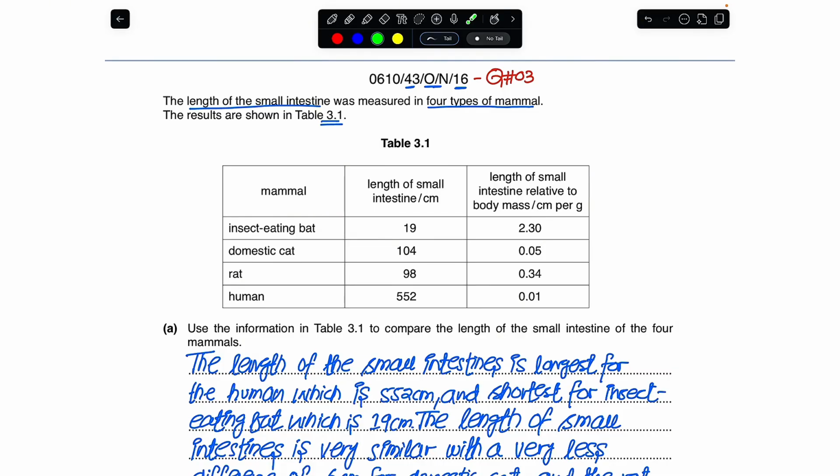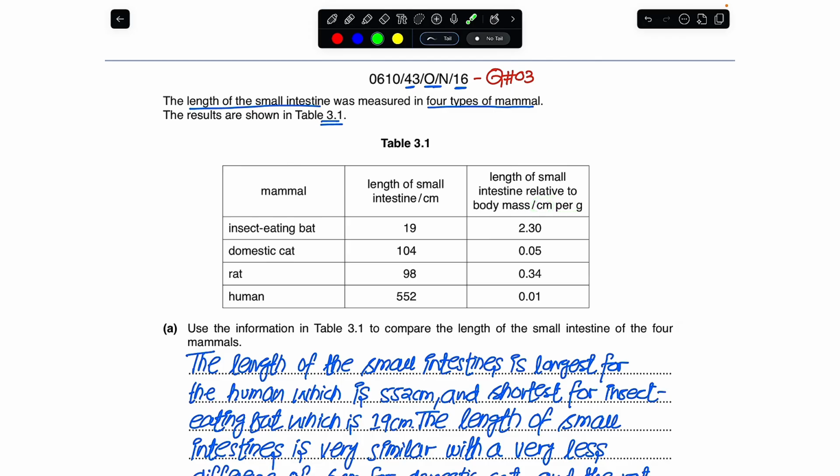For the second column, they have given you the length of the small intestine in centimeters, and we can simply see that the smallest length is for the insect-eating bat. The largest length of the small intestine is for the human, and it is 552 centimeters. The third column is the length of the small intestine relative to the body mass, in centimeters per gram.